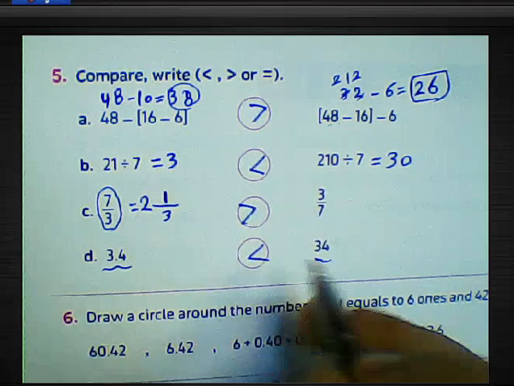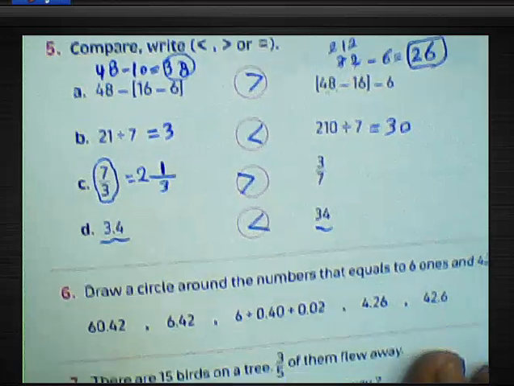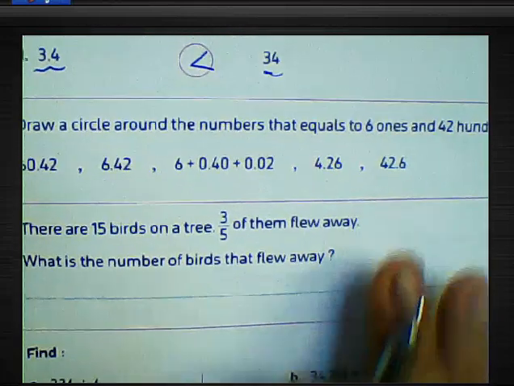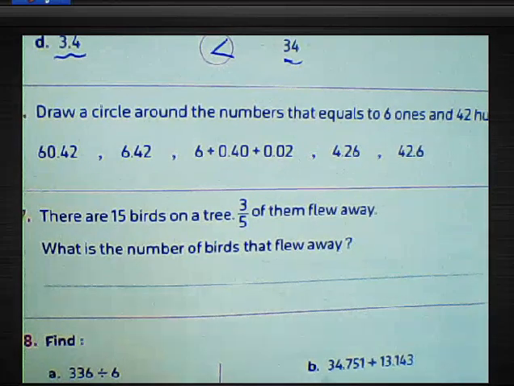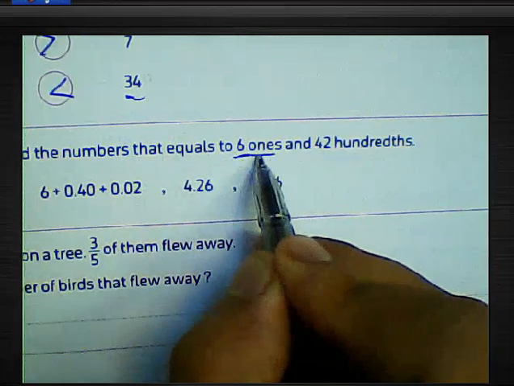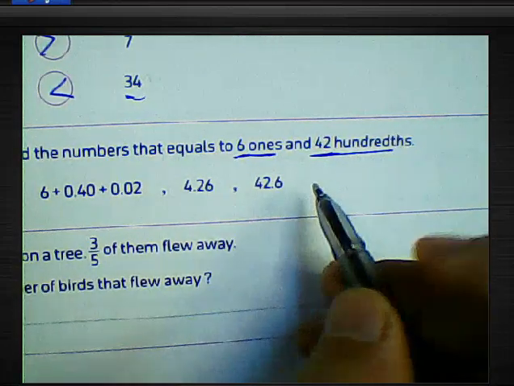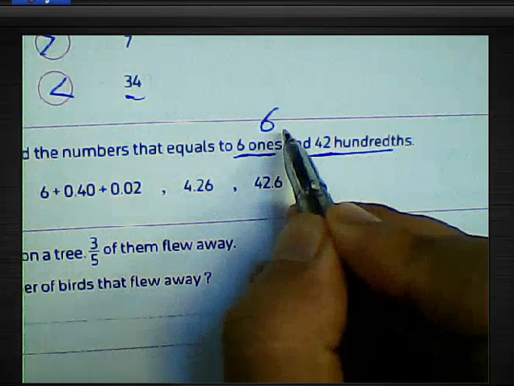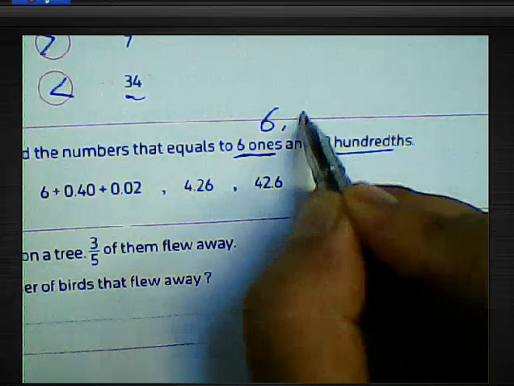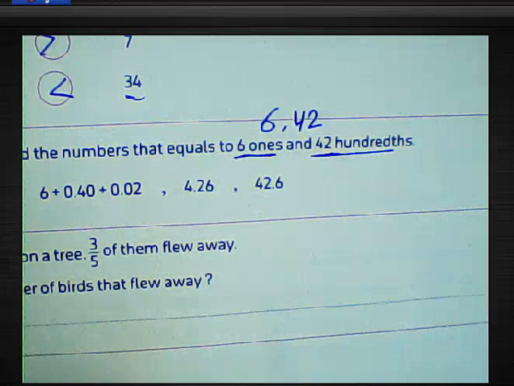3.434 more than 3.4. Draw a circle around the numbers that equal 6 ones and 42 hundredths. 6 ones and 42 hundredths.